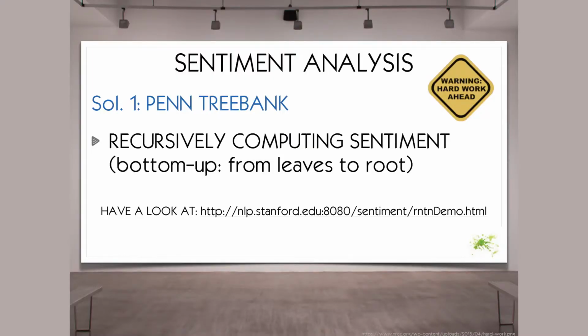Our first approach was to model the letter as a tree, and so start from the leaves to the root, computing the sentiment of the letter in a recursive way, to find the polarity, if it's positive or negative.